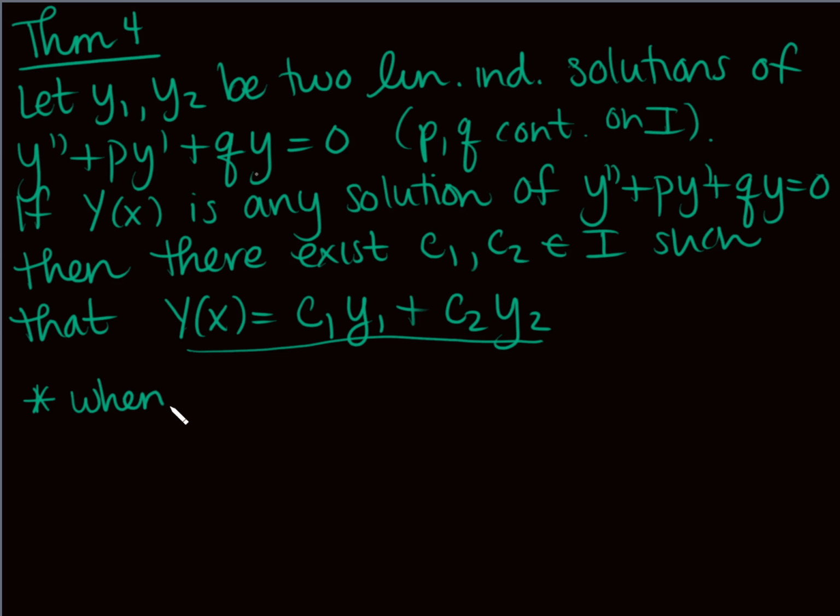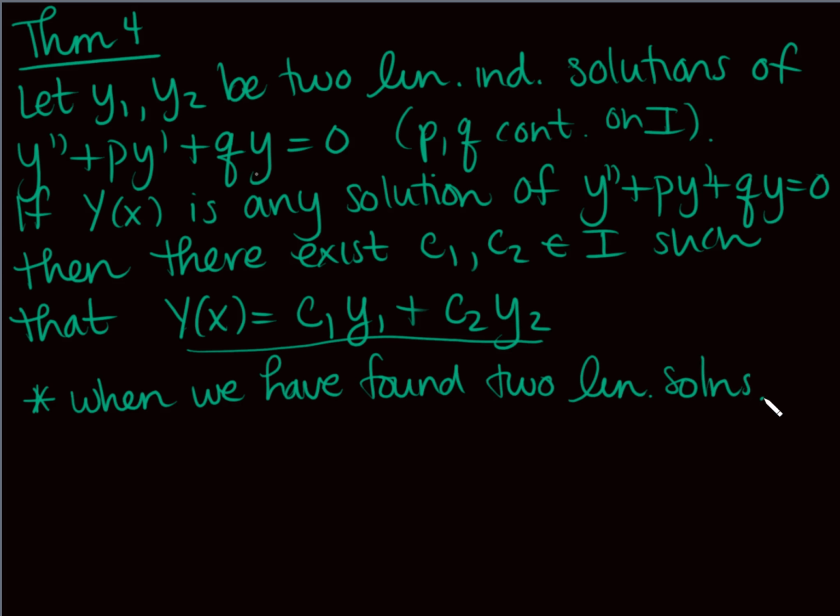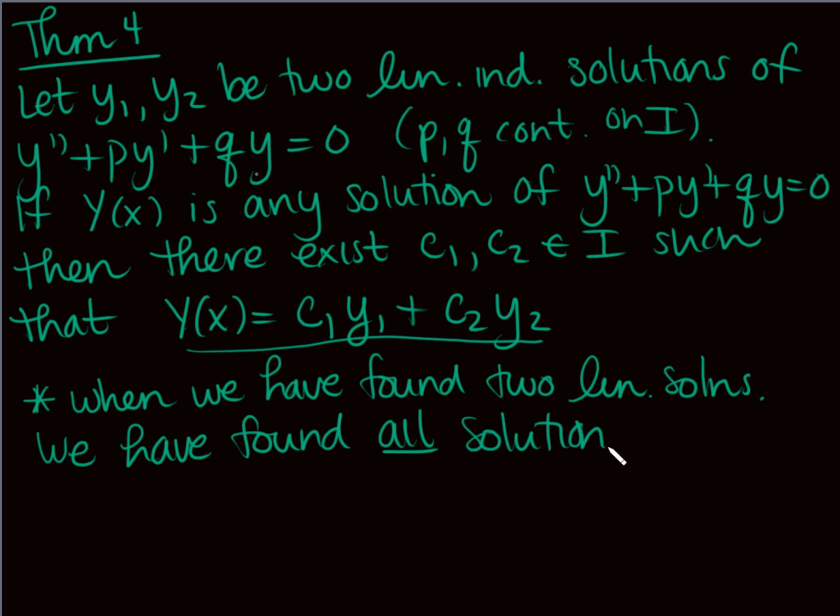When we have found two linearly independent solutions, again, two because it's second order, we have found all solutions. It's pretty cool. Therefore we call this y a general solution of the differential equation.